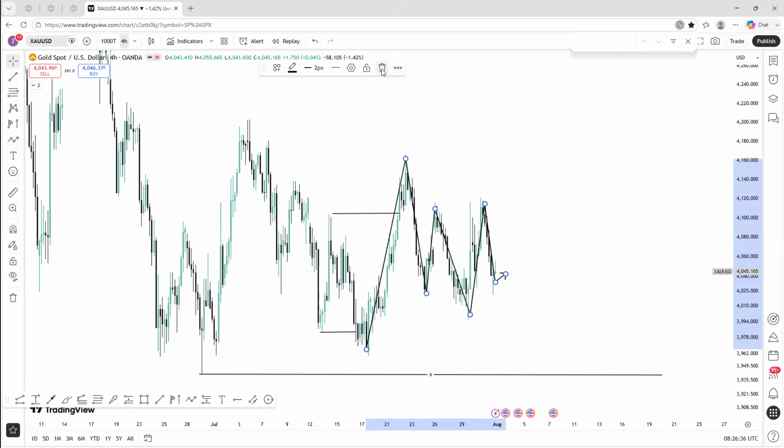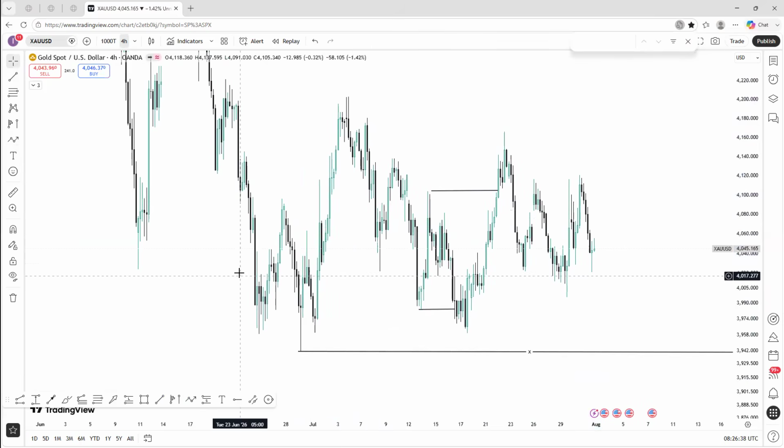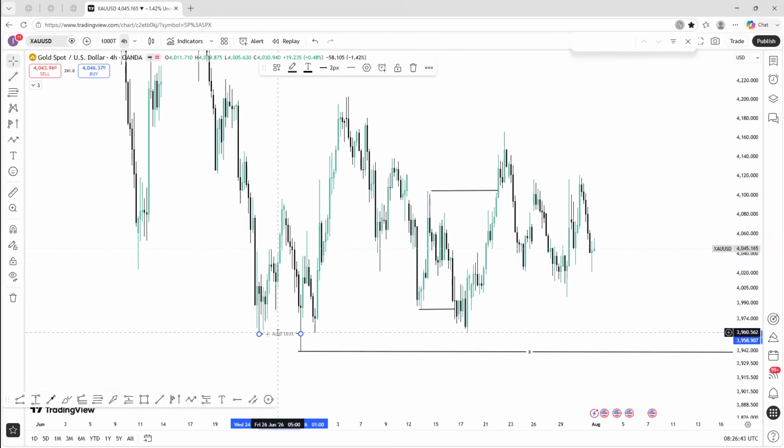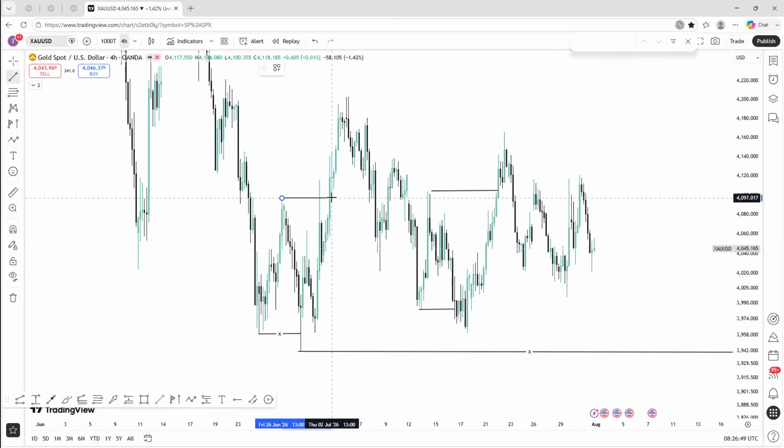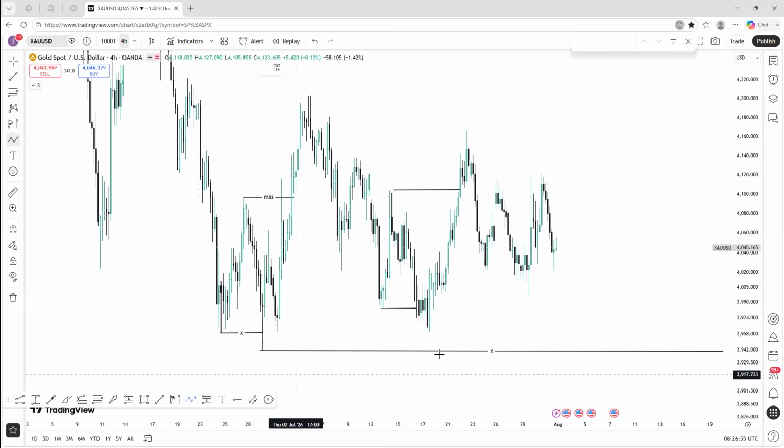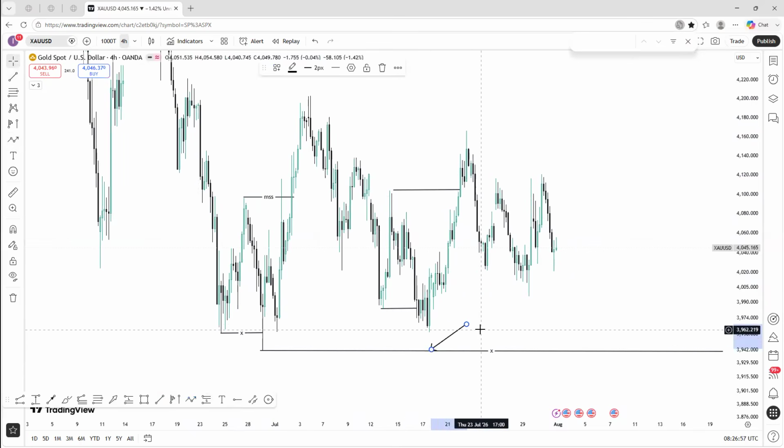and you can see very clearly that liquidity is a secure low, because on the left side price already took out this low, and we have a break of structure, a market shift. So that liquidity, you can say, is a protected low.